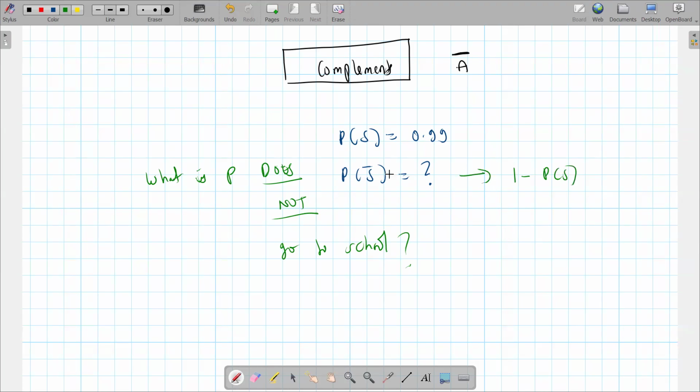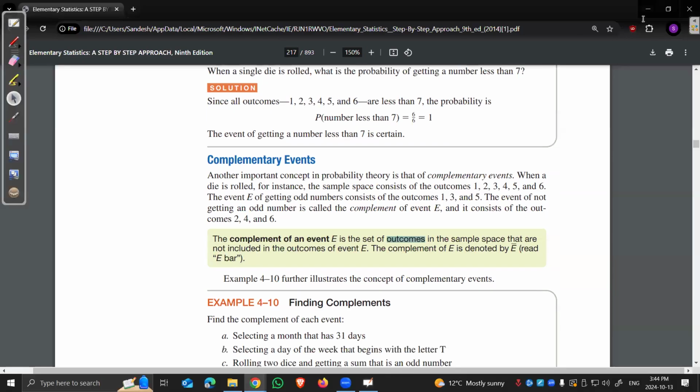So PS bar will be 1 minus PS. You just subtract the original probability from 1 to get the complement probability, okay? So here it'll be 1 minus 0.99, it'll be 0.01. So therefore, the probability the student doesn't go to school is 0.01. That's a complement event. You just subtract it from 1 to get the probability.